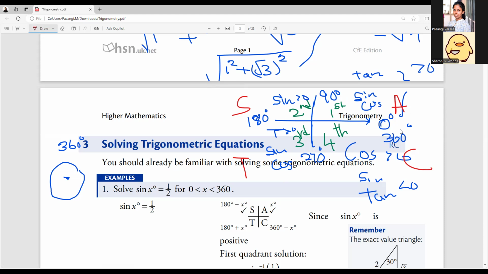Before we move to the solving part, we have to have an idea about these quadrants.